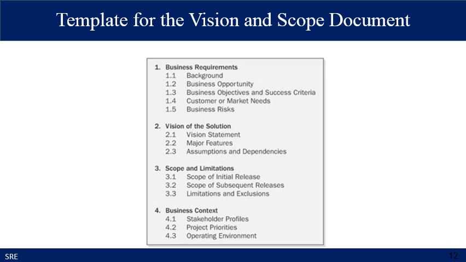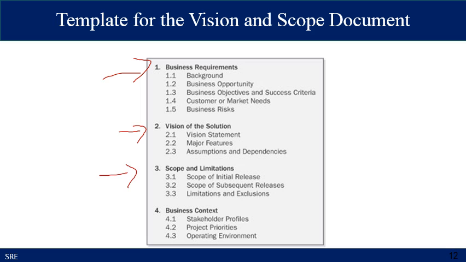So here is a typical template for the vision and scope document. Initially, the business requirements are identified along with the background and business opportunity studies along with the business risk. Then the vision of the solution is provided with the vision statement by specifying the major features and the assumptions and dependencies of the solution.